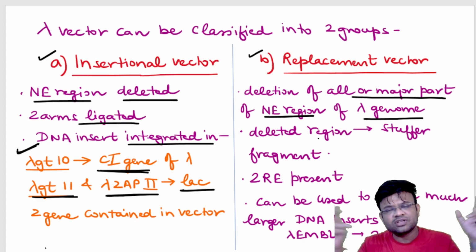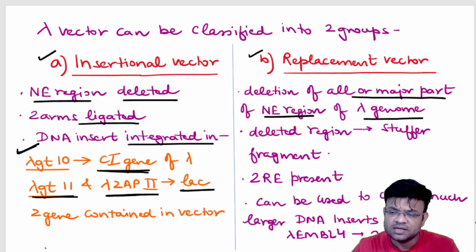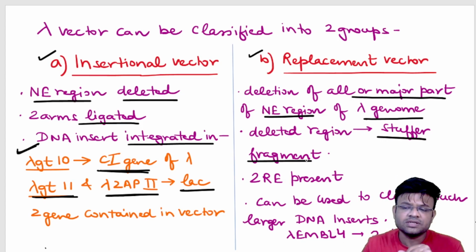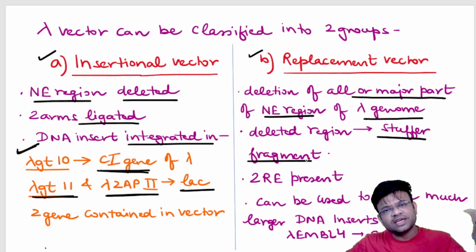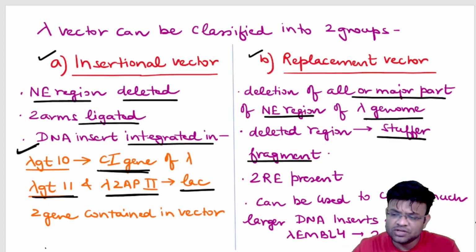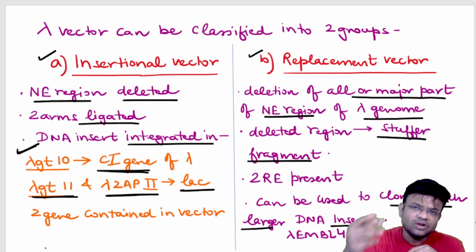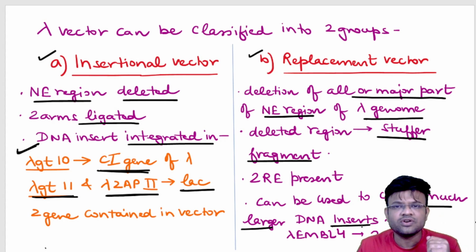The deleted region, the region that has been removed, is called a stuffer fragment. Only two restriction sites are present, and everything else is removed. So it can be used to clone much larger DNA inserts. Obviously, if you are removing so much of a region, then the window for integrating your gene of interest becomes very big.